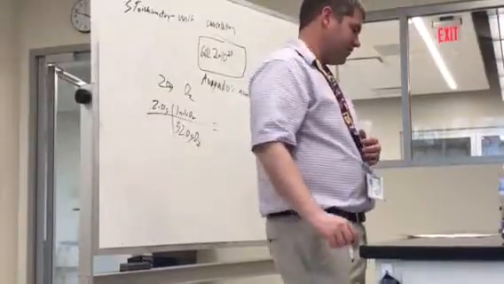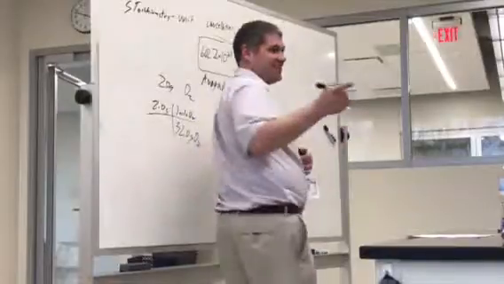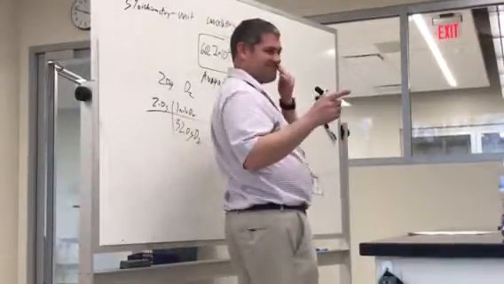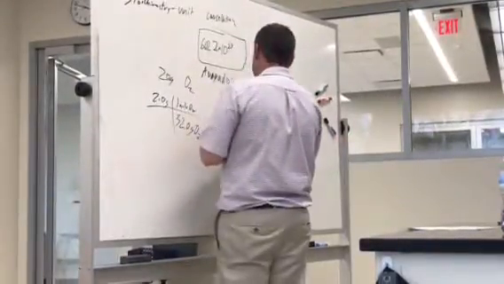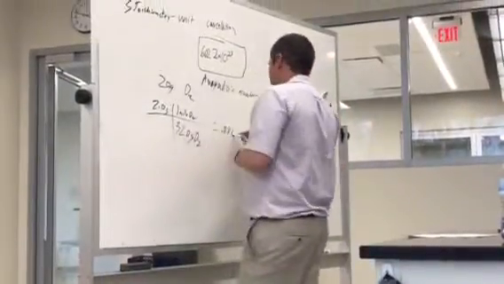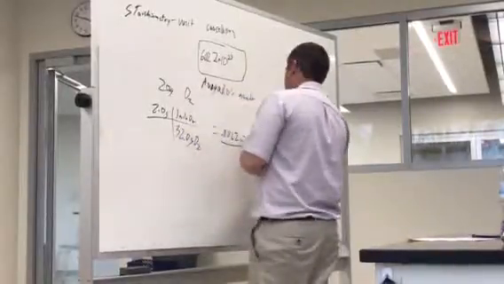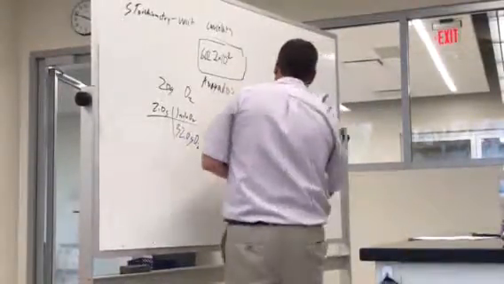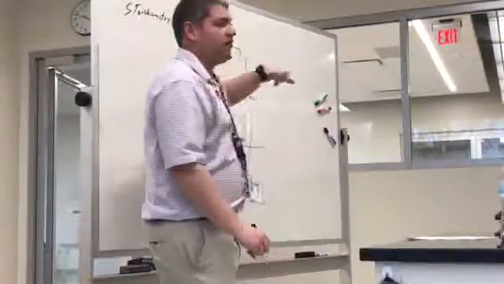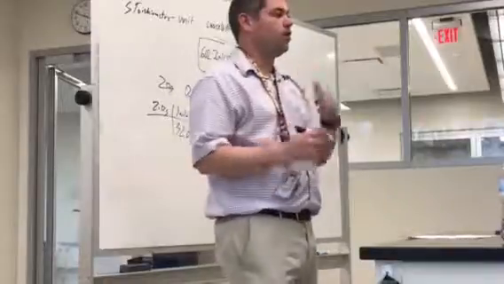0.0625. And now I'm left with moles. So all I have to do, Avogadro's number is particles per mole.